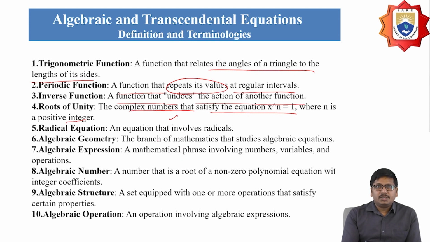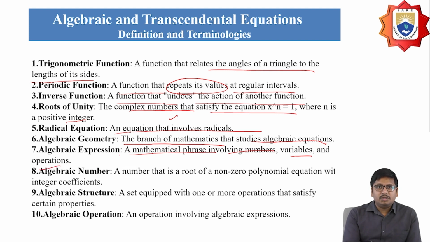A radical equation means an equation that involves radicals. Algebraic geometry means a branch of mathematics that studies algebraic equations. An algebraic expression means a mathematical phrase involving numbers, variables, and operations.